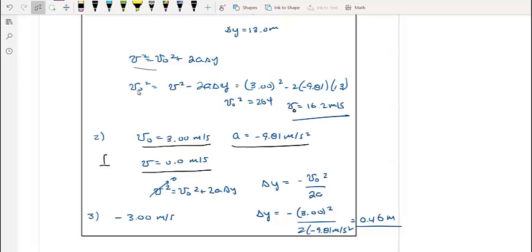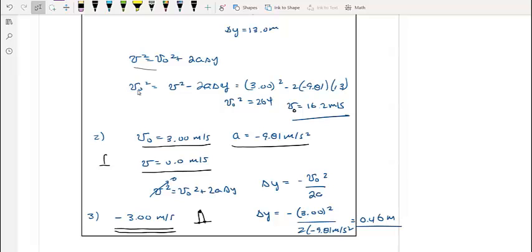Now, the third part, you actually don't have to do any calculation, because of symmetry. It's going up at 3 meters per second here, and when it comes back down, it's going to be going down at 3 meters per second. So it's negative 3 meters per second. Some of you went through the calculation with v0 equals 0, acceleration equal to negative 9.8 meters per second squared, and delta y equal to negative 0.46 meters, and you'll get the same answer.